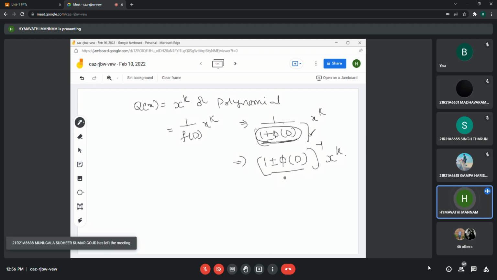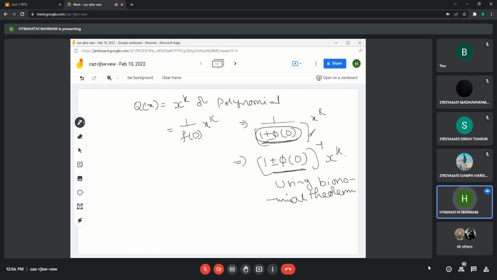And now expand this 1 plus or minus phi of D by using the binomial theorem or binomial expansion. Write down this expansion up to the terms containing D power k, and after that operate x to the power k on each term of this expansion.